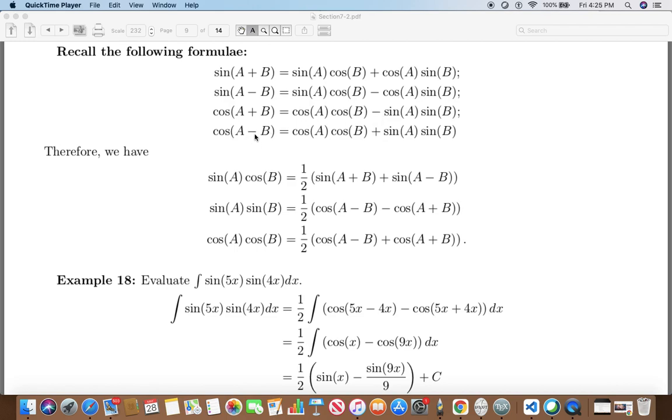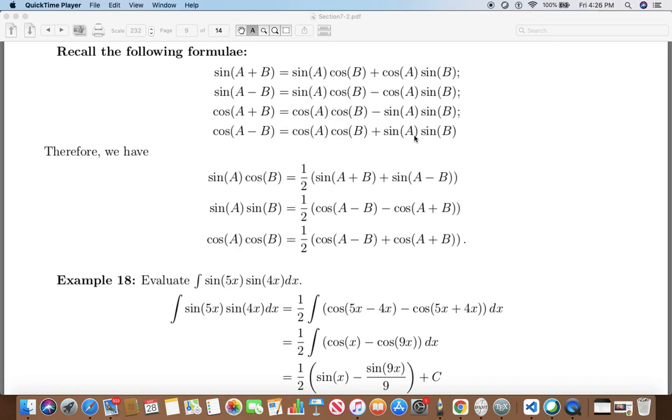So subtract cosine A plus B from cosine A minus B. When you subtract, you get twice of something. So sine A sine B is half of cosine A minus B minus cosine A plus B. So make sure you check: cosine A minus B minus cosine A plus B. That converts this to a positive, that to a negative.